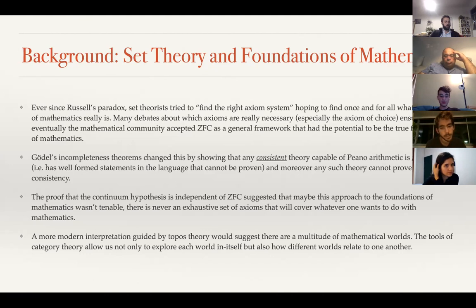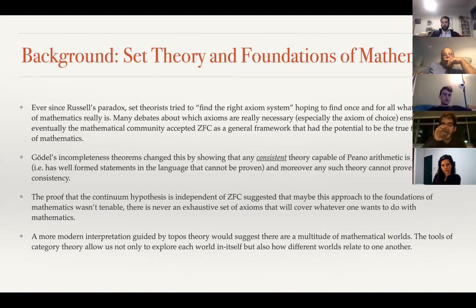Turns out it's impossible to solve in ZFC without just deciding it on its own. So the conclusion is that you could never have an exhaustive list of axioms that will let you do whatever you want to do with mathematics, because you'll always eventually run into one of these incomplete statements, something that's independent.